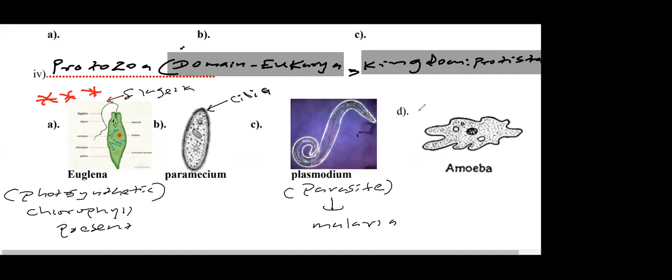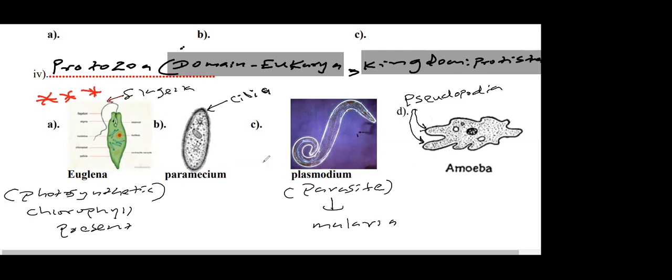This amoeba, these pointed ends, are known as pseudopodia. So what are the 4 examples under Protozoa?